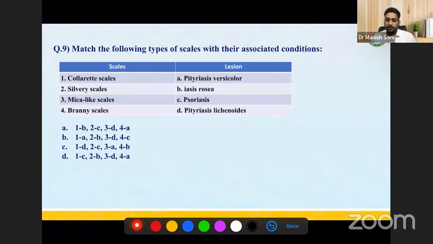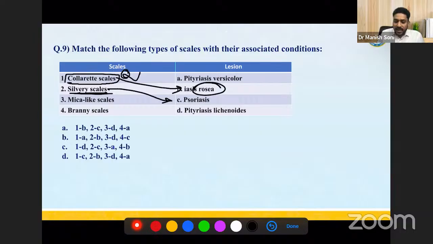The next question is: match the following types of scales with their associated conditions. So just now I told you that collarette scales, again a very important question, are seen associated with pityriasis rosea. Silvery white scales are seen in psoriasis.